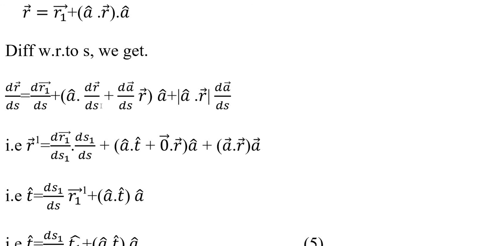A vector dot R dash is t, dA by ds value is 0. So R dash is t, R1 dash is t1, and the second one we take as it is, ds1 by ds plus A dot t into A cap. This is 0 and this is also equal to 0.